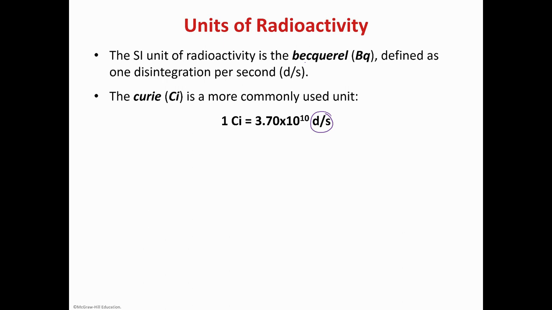So the becquerel is defined. It's the SI unit of radioactivity, disintegrations per second. And then the Curie is a more commonly used unit. 1 Curie is 3.70 times 10 to the 10 disintegrations per second as those nuclei fall apart.